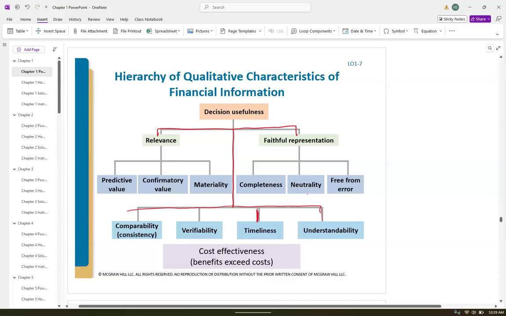So we can actually compare those different periods. Okay. And then we also have this cost effectiveness. Benefits exceed costs. You do not want to implement anything that is going to cost you more than it will ever benefit you. Okay. All right.